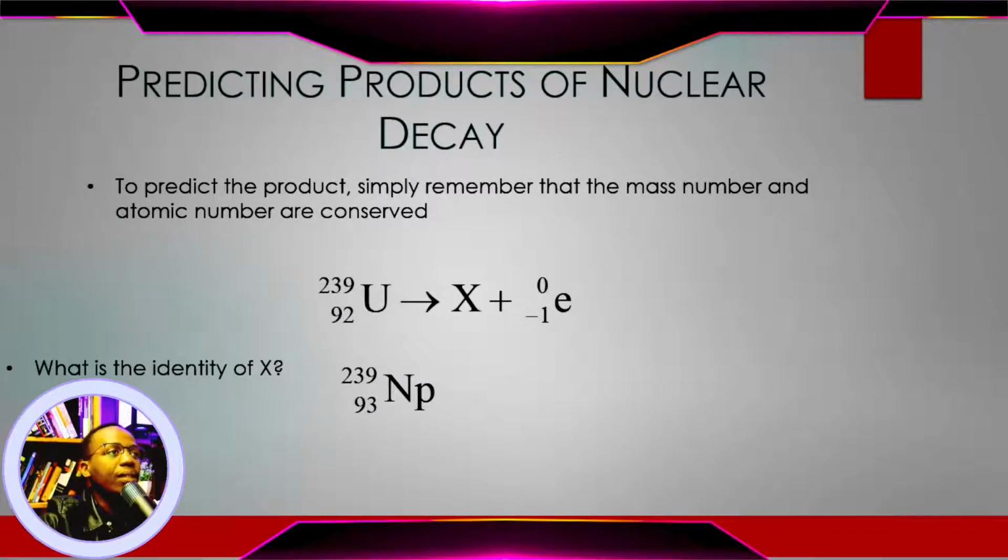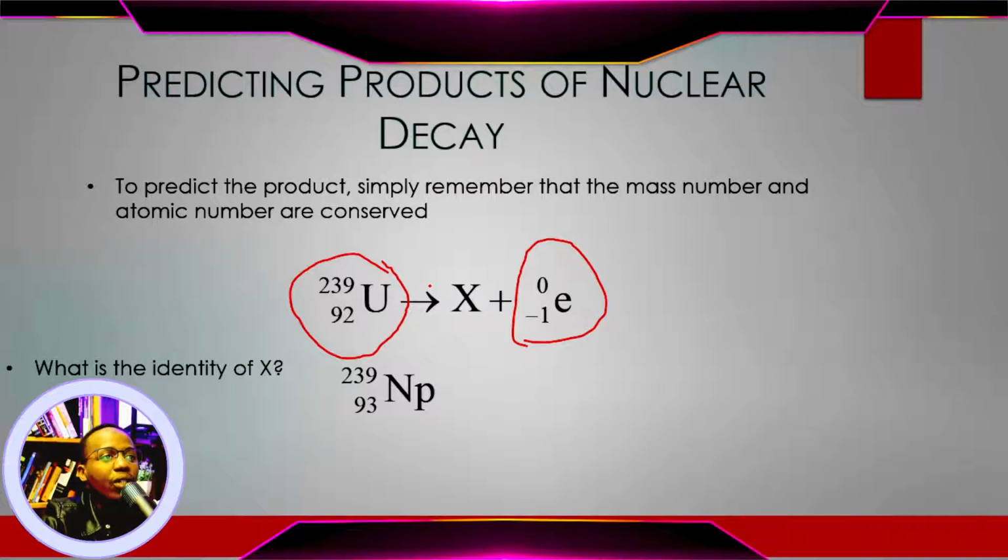But this is what I was telling you about how it's important. I can tell you, hey, uranium goes through beta decay. What does it give us? This is beta decay. You have uranium. Then you're like, okay, I'm going to calculate X. What does it give us? Right? So if you have 239 here, you have 0 here.